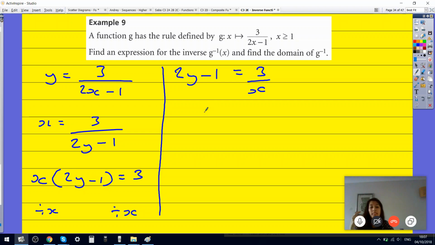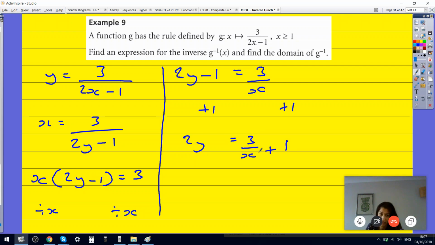So the way you rearrange formulae is in the opposite order of BIDMAS. So you have to follow BIDMAS, but you do them in the opposite order. So do the adding and subtracting first, and so on. So 2y equals 3 over x plus 1.